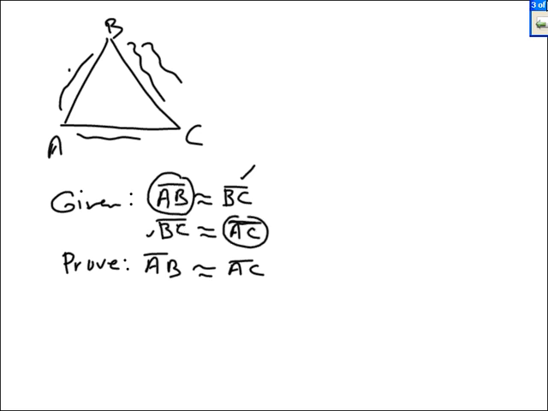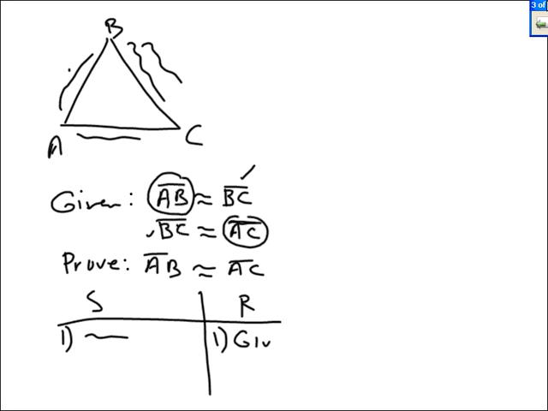Okay, so there's nothing really new here. Statements, reasons. First statement is the given. Whether you write them down as just statement number 1 or write them down as statements 1, 2, and 3, doesn't matter. You write down the statements. And then the next thing is you can say that AB is congruent to AC immediately.